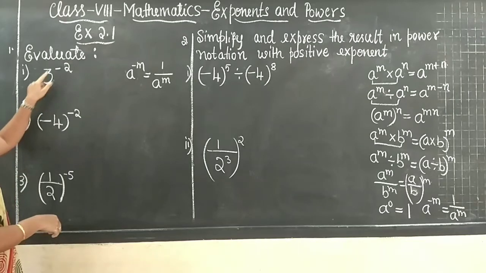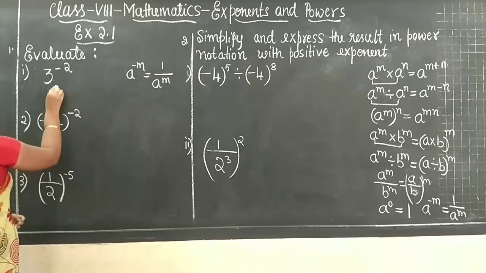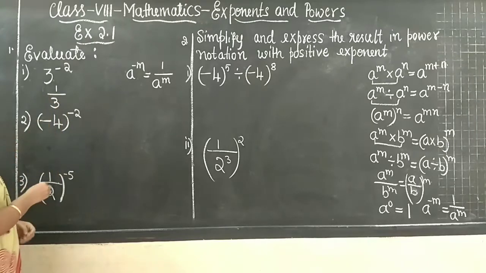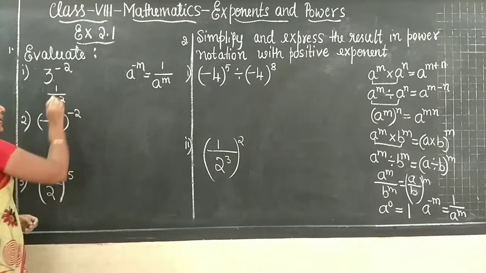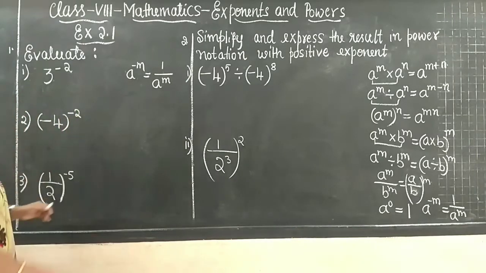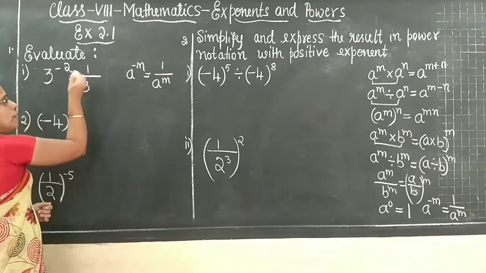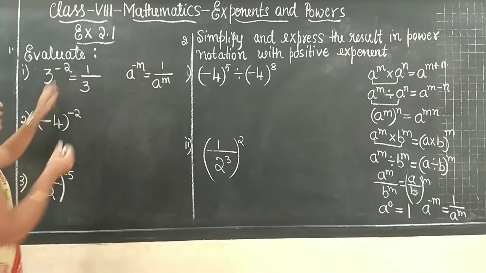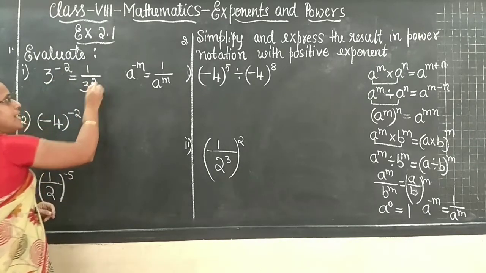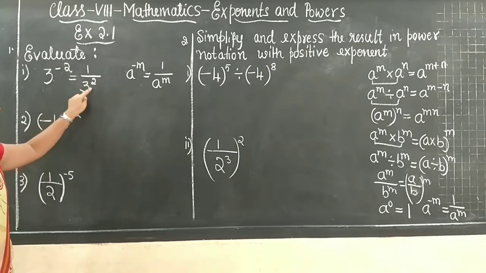So a to the power minus m can be written as 1 by 3 to the power 2. So I can write that here as 1 by 3 to the power, minus 2 can be written as plus 2. 1 by 3 to the power 2.